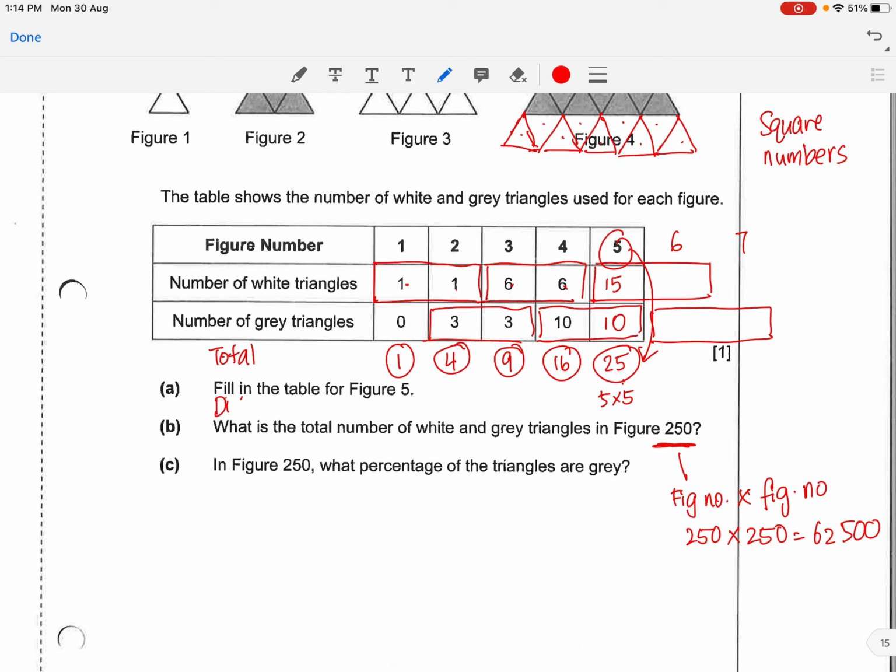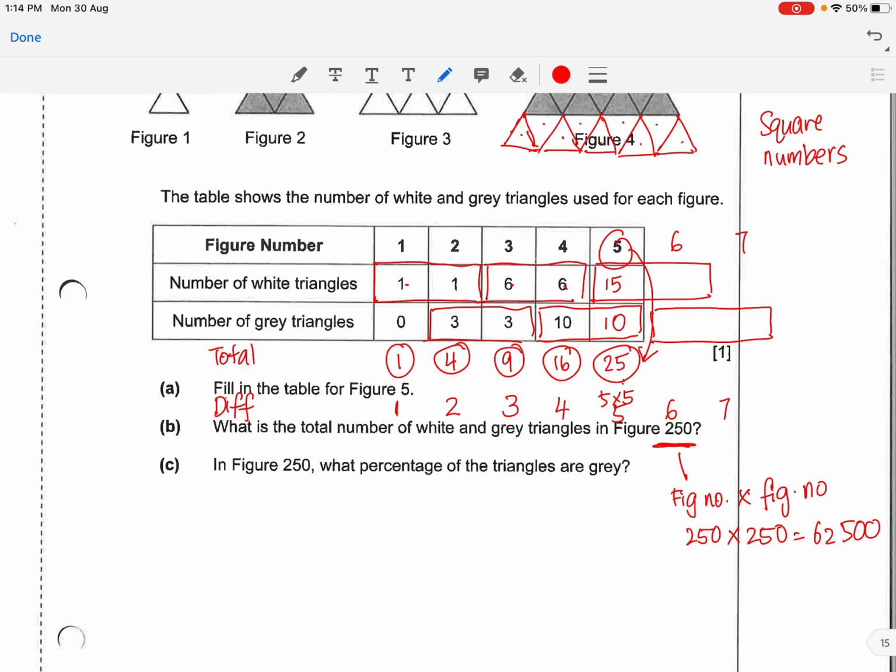The difference between white and grey is 1. Difference between white and grey is 2. Difference between this is 3. Do you notice any pattern? It is 4. Difference between this is 5. The difference for figure 6 is 6. Difference for figure 7 is 7. So what do you notice about it? The difference is always the figure number, right?